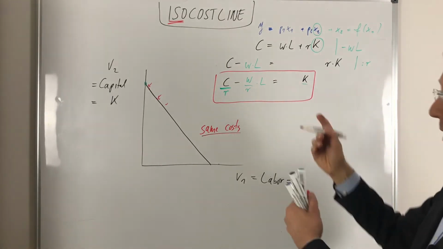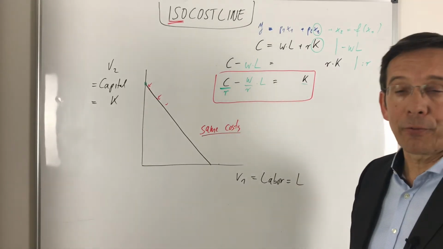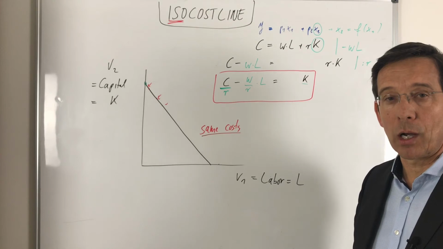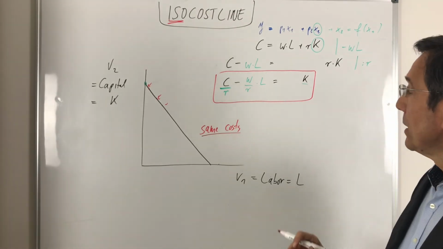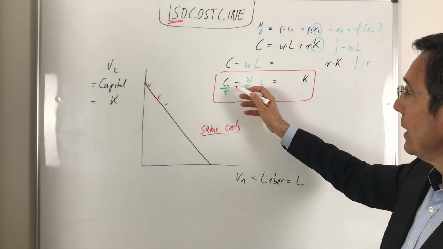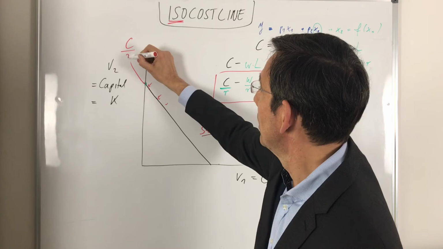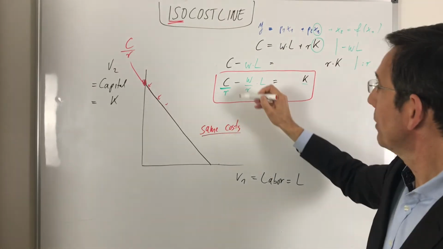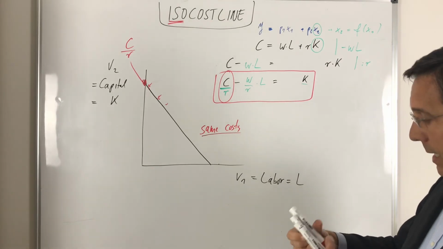So this is our rearranged cost constraint for the companies. As we can see here, we start at C over R, that's our starting point on the vertical axis. Why that?